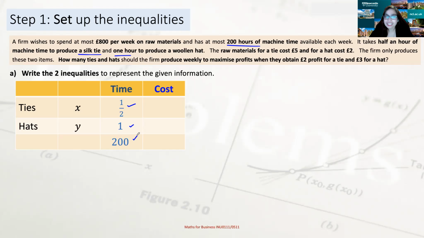Now we're going to convert that into an inequality. So we can say half times X plus 1 times Y will be the total time. But here it says has at most 200 hours machine time available. So that means half times X plus Y is less than or at the most equal to 200.